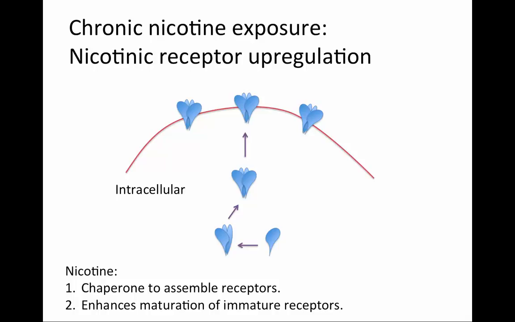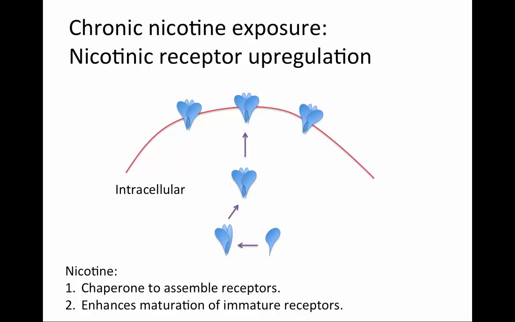Nicotinic receptors have an interesting property of upregulating after chronic agonist administration. This upregulation is seen in vitro, in cells, in animals, and in human smokers. The fact that it is seen in vitro suggests that the mechanisms underlying upregulation do not require an intact organism and originates within the cell.